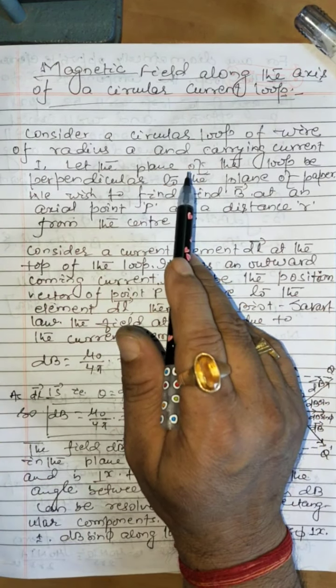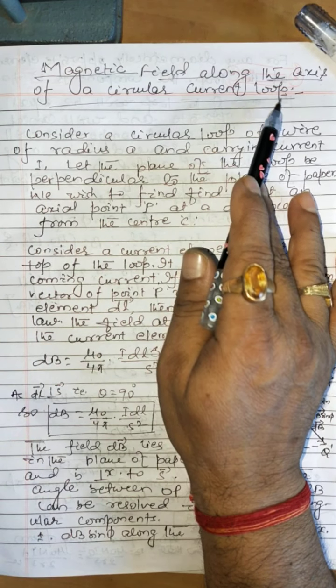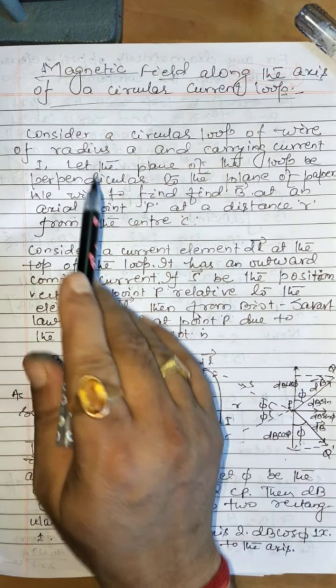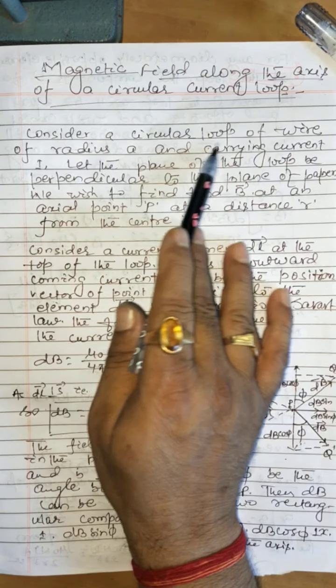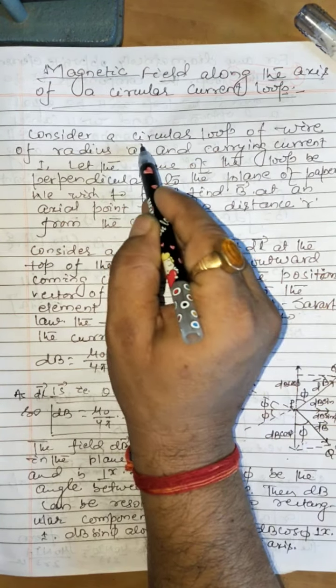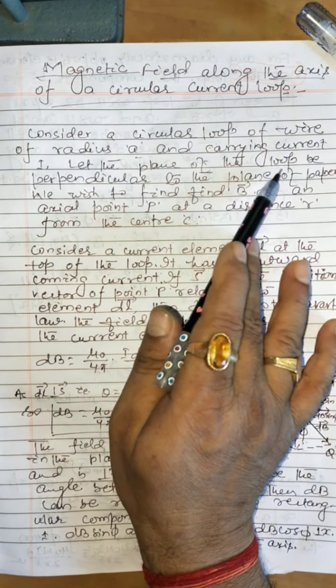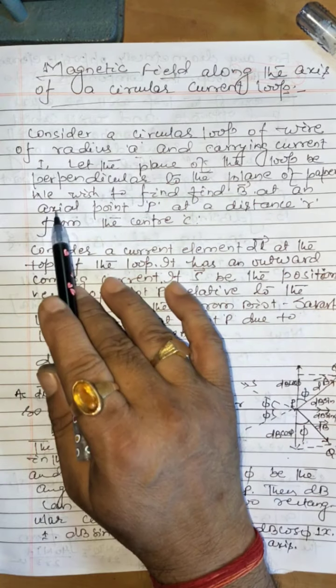Well, students, to understand the magnetic field along the axis of a circular current loop, first of all, we consider a circular loop of wire of radius a, carrying current I. Let the plane of the loop be perpendicular to the plane of the paper.